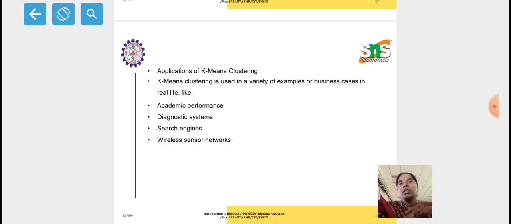Do the attributes need to be rescaled so that one attribute does not have a disproportionate effect on the results? And the last one is, what other considerations might apply?